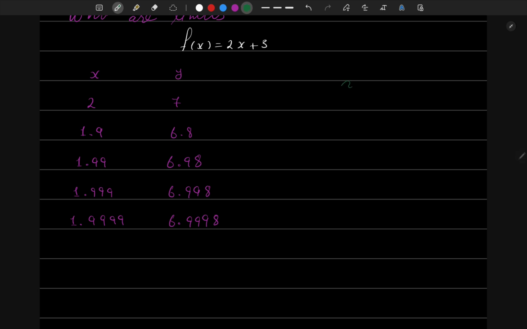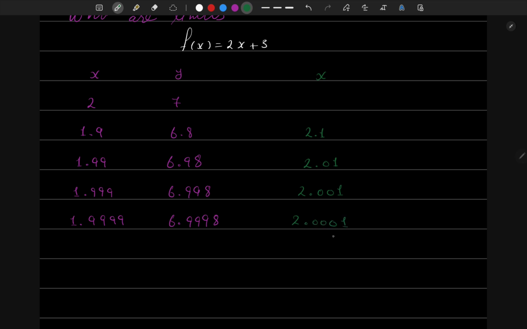Like, what if I say that x equals 2.1? It's also very close to 2. Well, what about 2.01? Okay, what about 2.001? 2.0001.